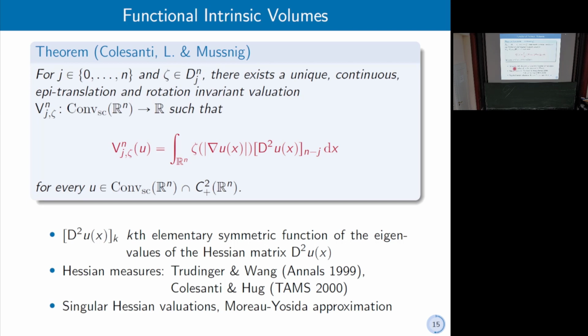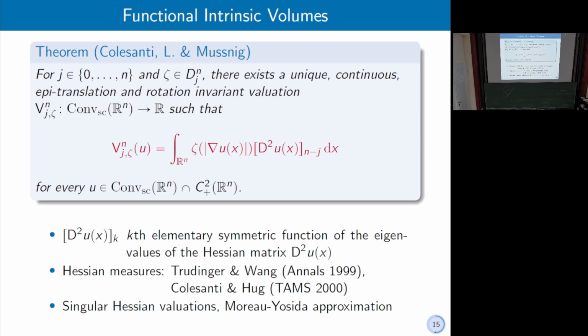In particular, if you put this together with the Lebesgue measure, this defines in the smooth case the so-called Hessian measures, which were studied for partial differential equations and also in the measure theoretic setting. Trudinger and Wang have contributions here, and in the measure theoretic setting, Colesanti and Hug, a couple of papers.